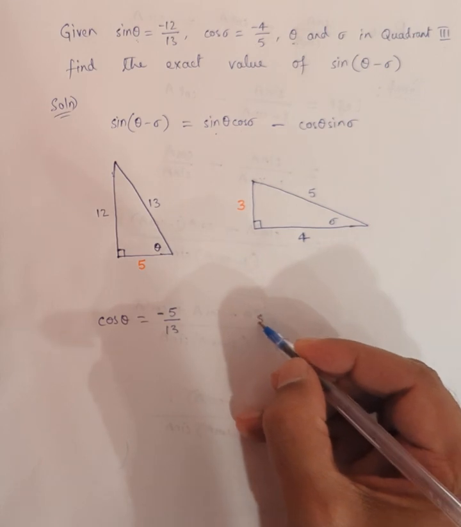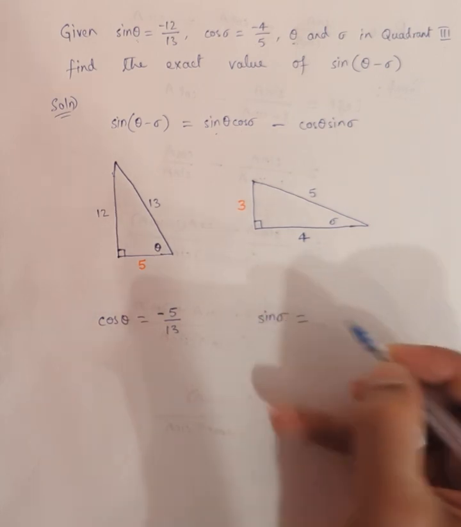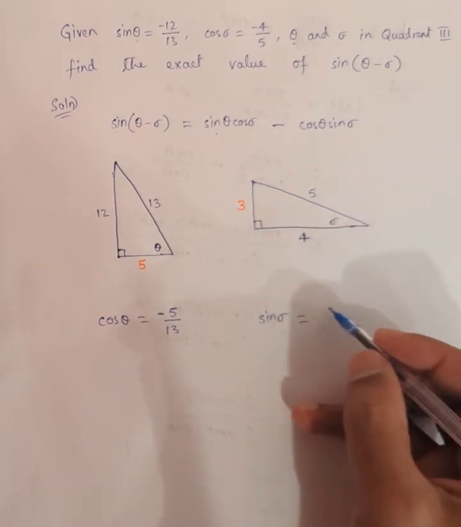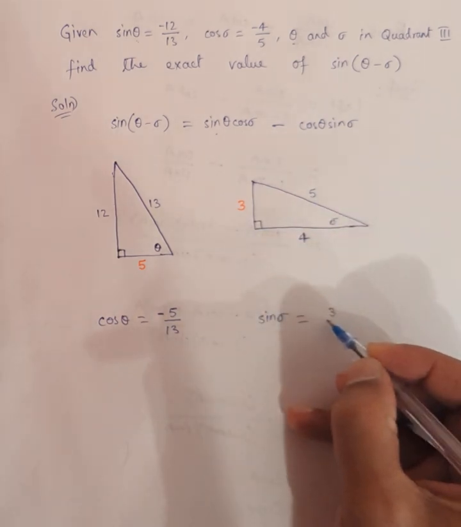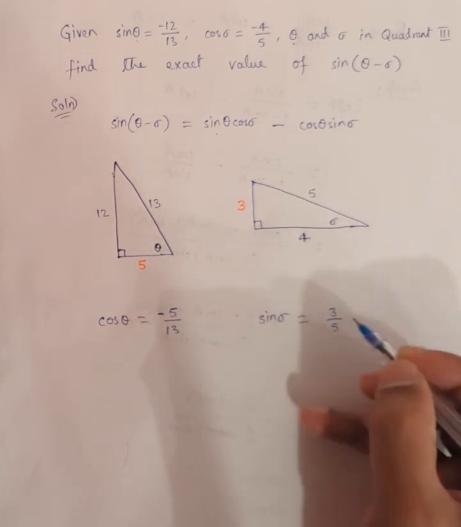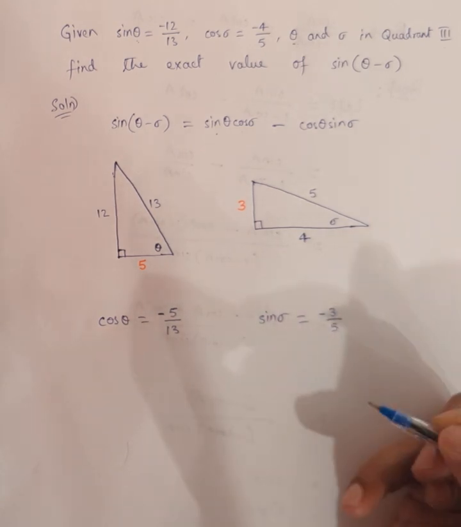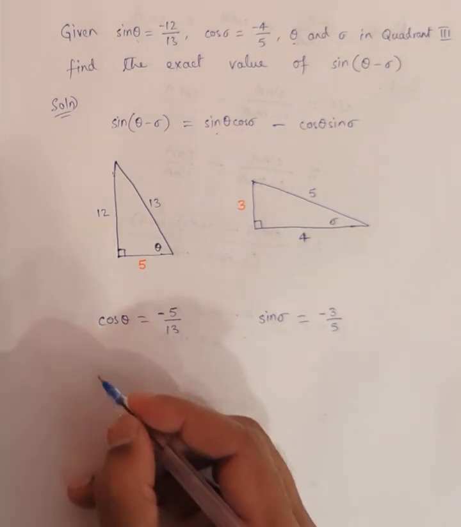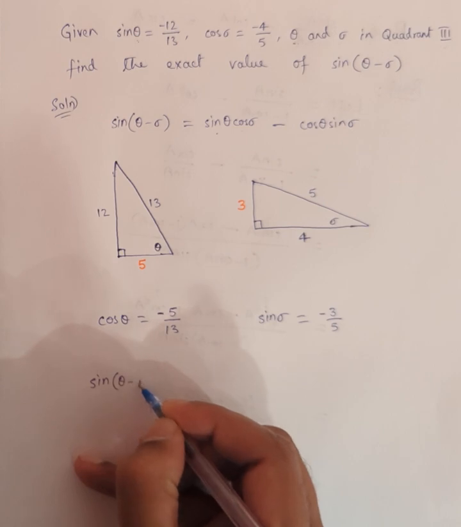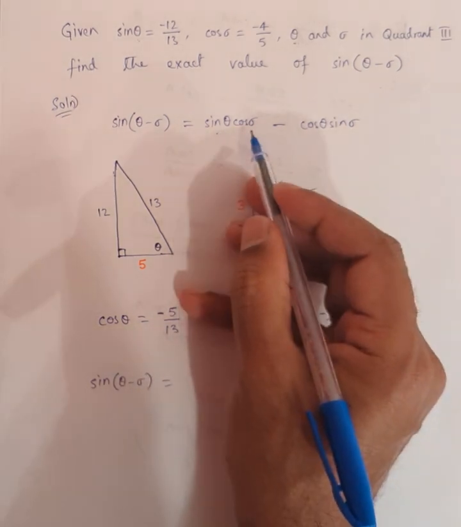Similarly, to find sine sigma, I have to use this triangle. From this triangle, the magnitude is 3 over 5, and again, since sigma is in the third quadrant and sine is negative there, you're going to have negative 3 over 5. So now it's time to put everything together. Sine of theta minus sigma is sine theta cos sigma.